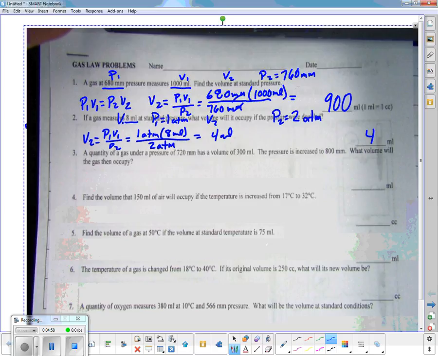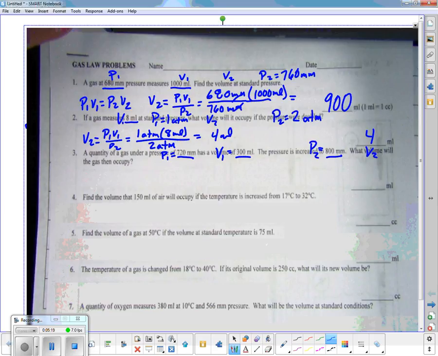Okay, so let's look at the next one. A quantity of gas under a pressure, so here's my P1, has a volume V1, the pressure increased to P2. What volume? Again, I'm looking for V2.